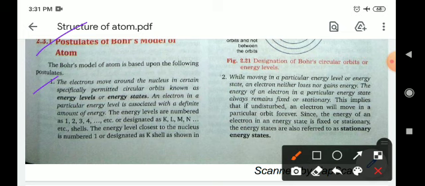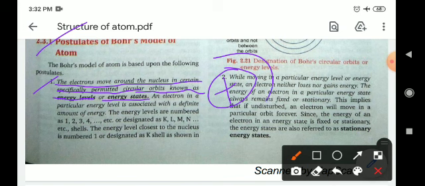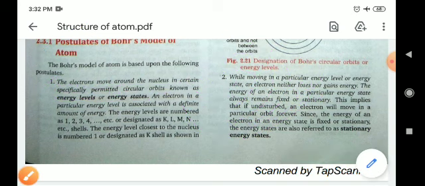First, electrons move around the nucleus in certain specifically permitted circular orbits known as energy levels or energy states. This means that in the structure of the atom there are certain circular orbits in which electrons move or revolve.